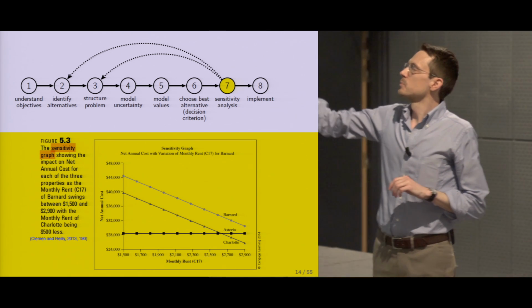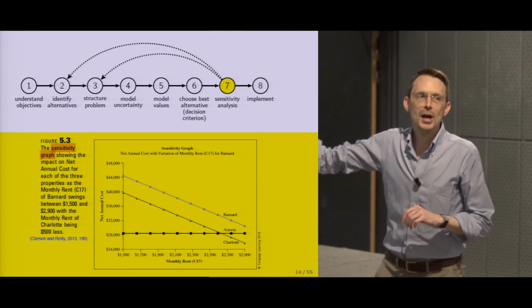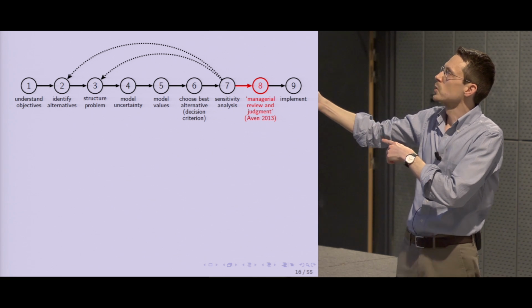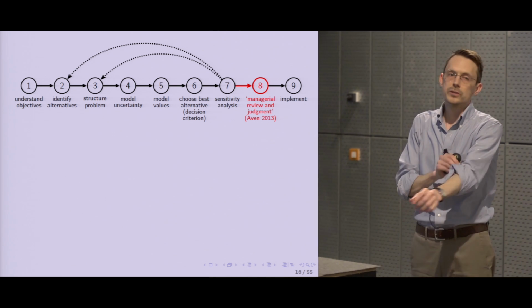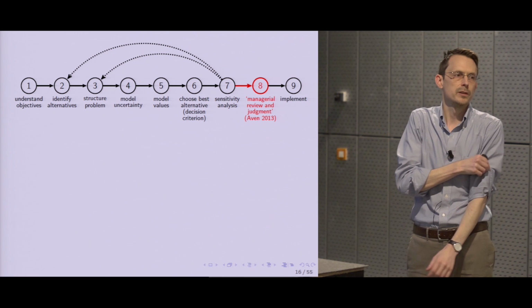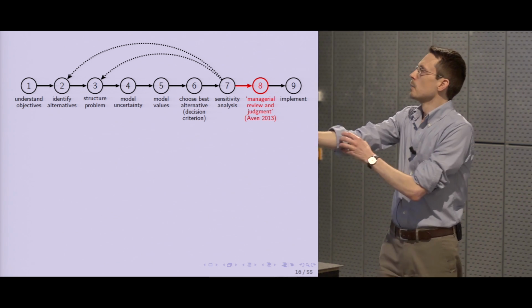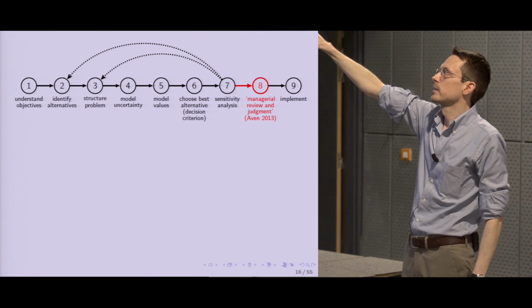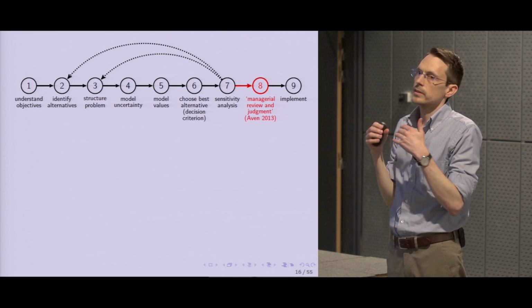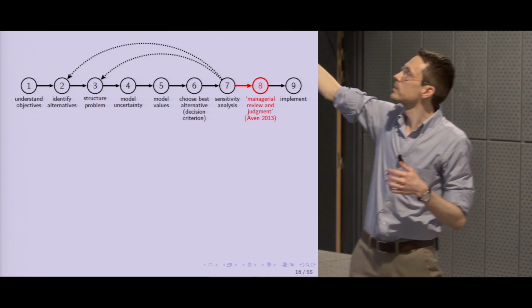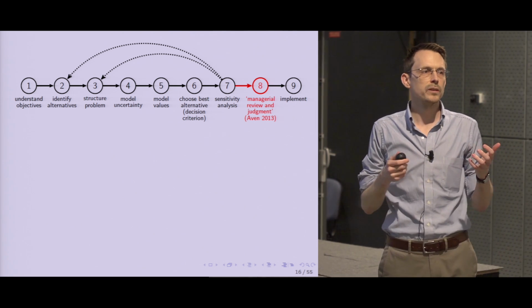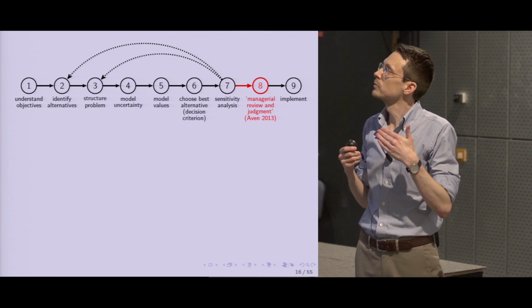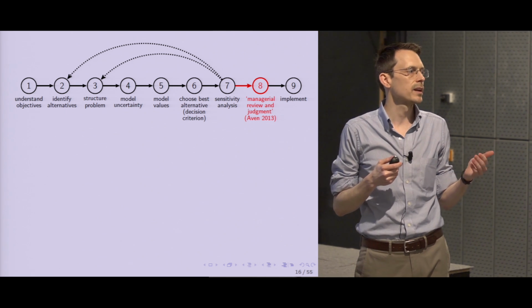Okay, so moving on from sensitivity analysis, I'm actually going to add a node to this. I'm going to add in 8, which I'm calling managerial review and judgment, a term that I'm borrowing from the risk management literature. I don't think I'm substantively changing this chart by adding that. Basically, it's just explicit acknowledgement that before the end of the process, there is a real human or humans who don't slavishly follow the recommendation of a decision criterion or of an analyst.